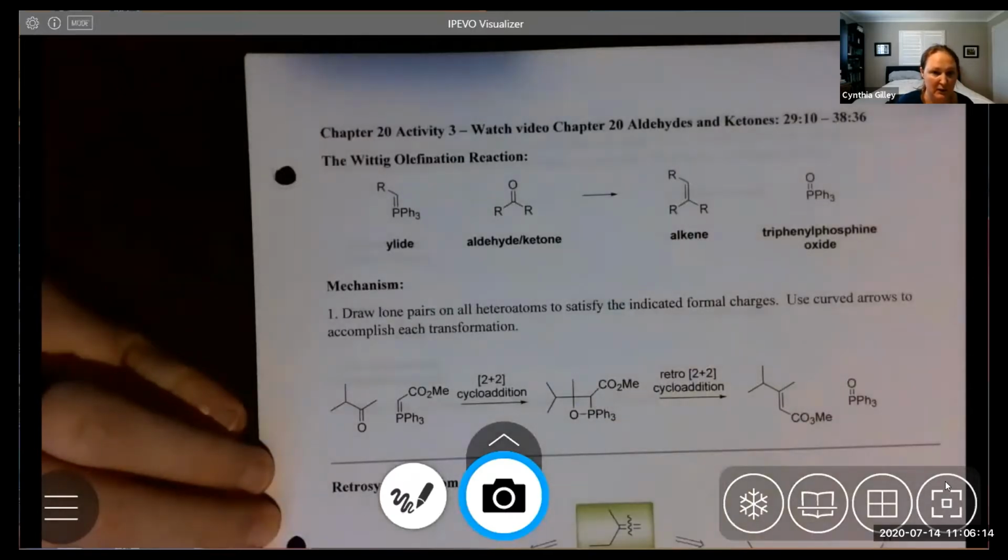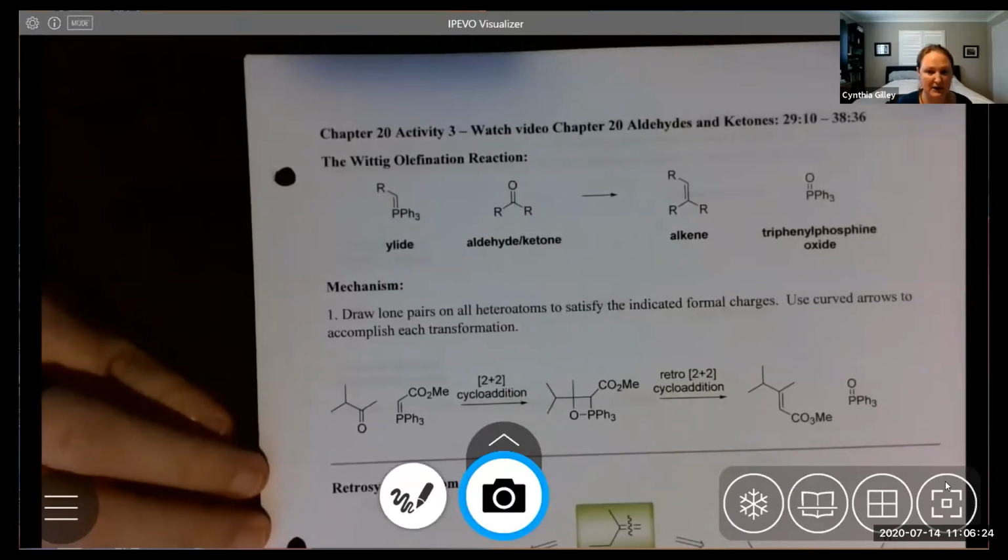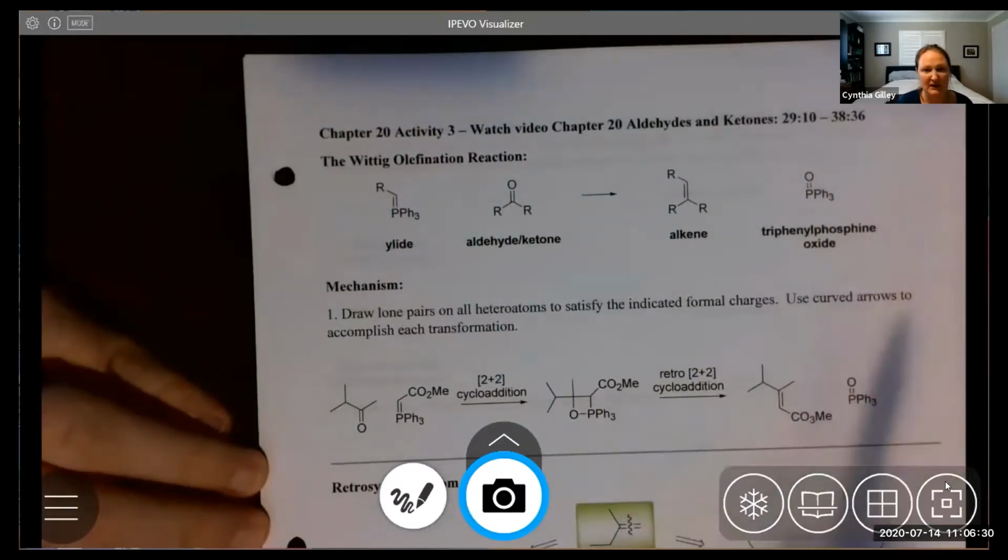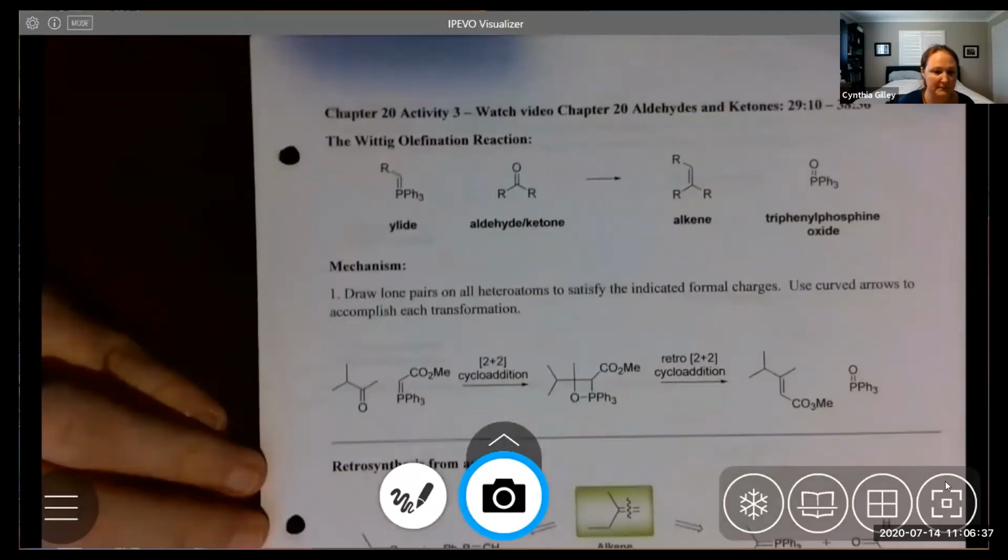We're forming a new carbon-carbon double bond, which is pretty unique. Normally we form carbon-carbon single bonds. The byproduct is triphenyl phosphine oxide, which is usually a solid, not very soluble, so people can just filter it off.